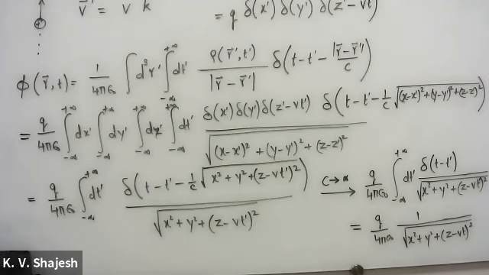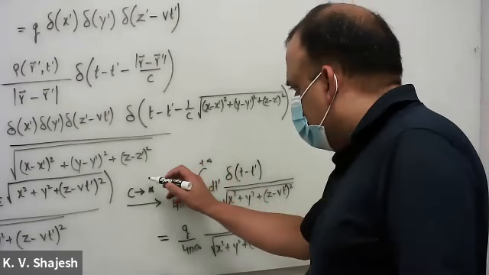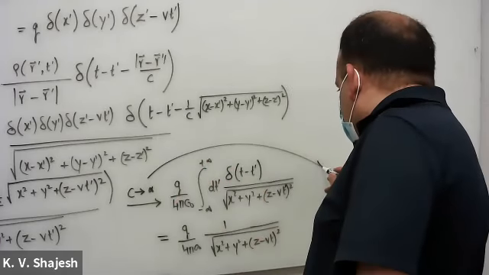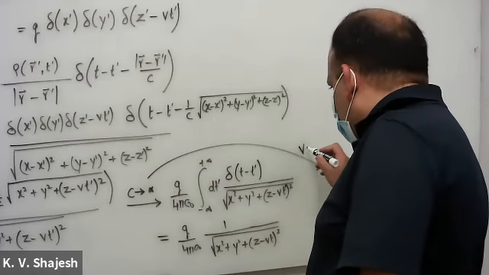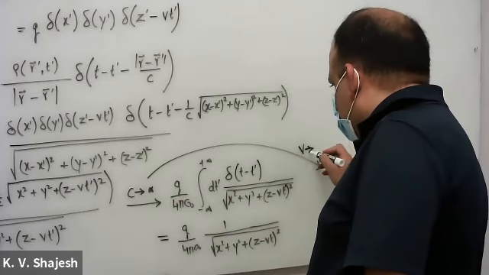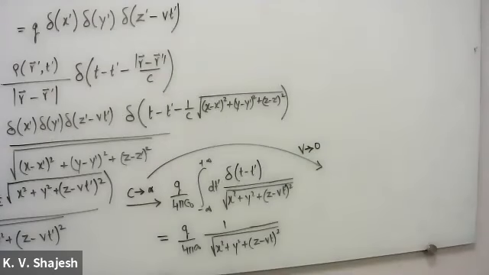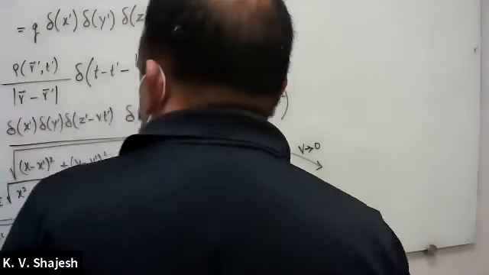That's c tends to infinity, but now let's do the opposite limit, which is more interesting, which is the static case, correct? What if I take, starting from here, v tends to 0? V is very small, that means you go to the static limit.